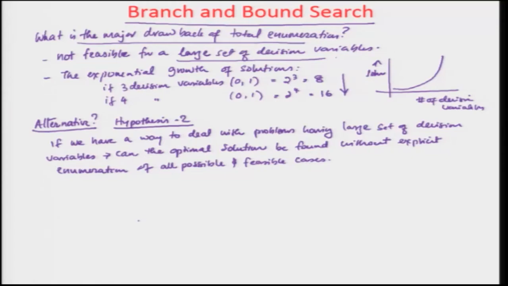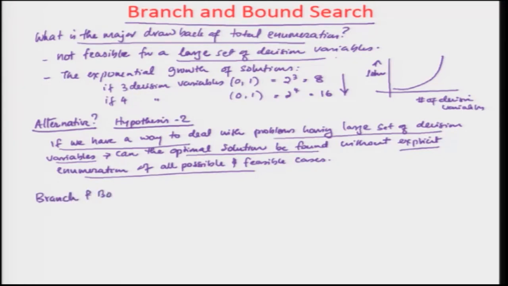So, our belief is that there may be a method for problems having a large set of discrete decision variables, where we still want to find the optimal solution. We want an optimal solution that is provably optimal, while we do not want to enumerate all possible and feasible cases. Branch and bound is one such strategy. It is a subset enumeration strategy.